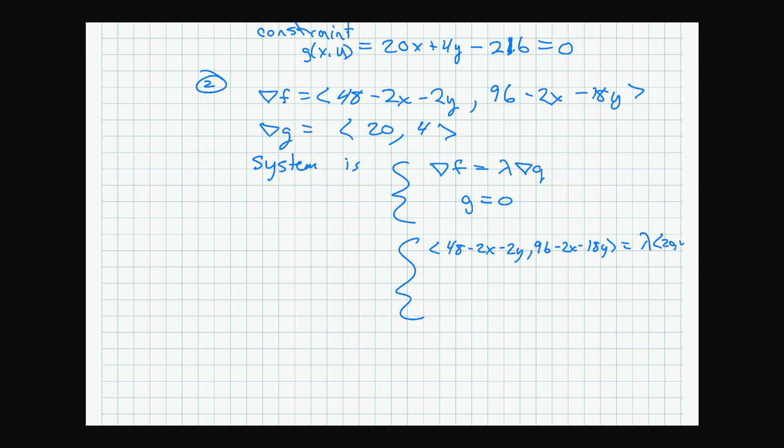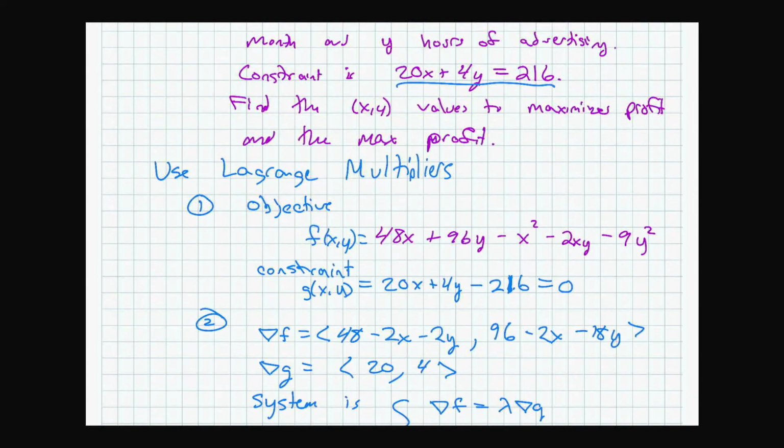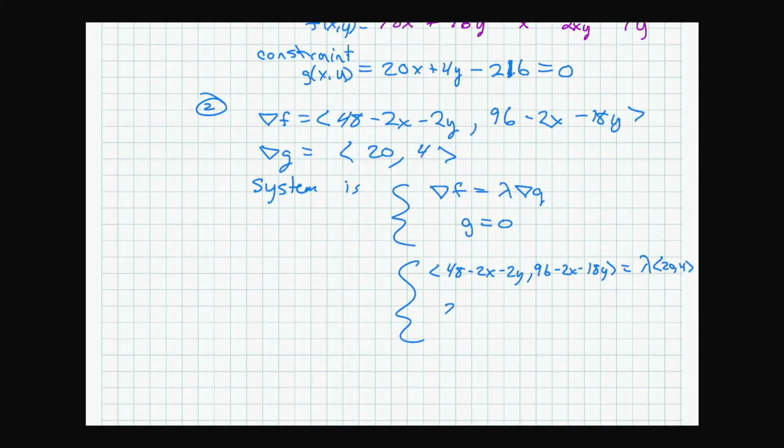And then the other equation is the constraint: 20x plus 4y minus 216 equals 0. All right, so there you go.